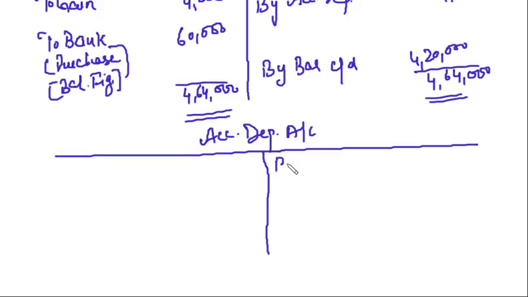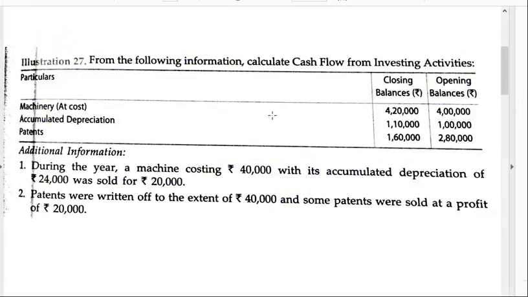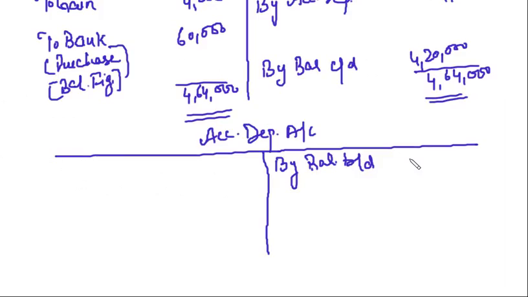What are the balances given for accumulated depreciation? Opening balance is 1 lakh and closing balance is 1,10,000.